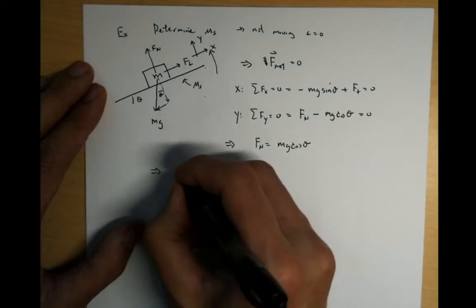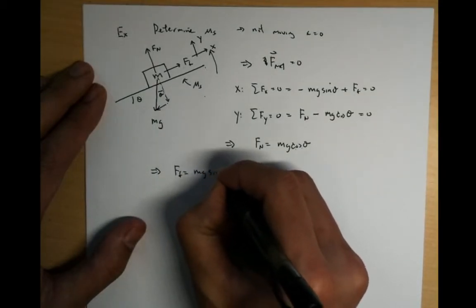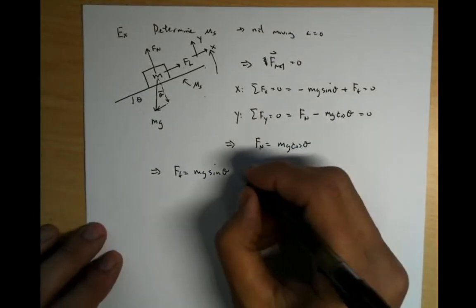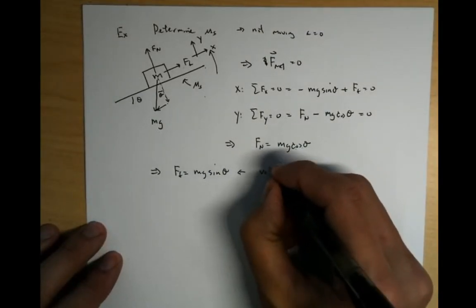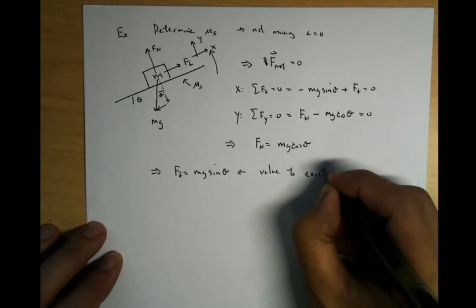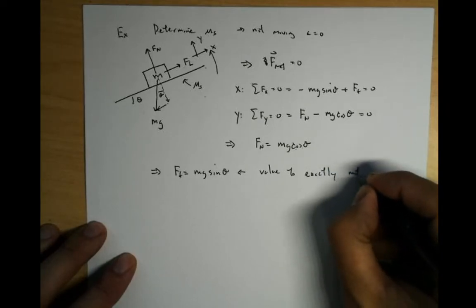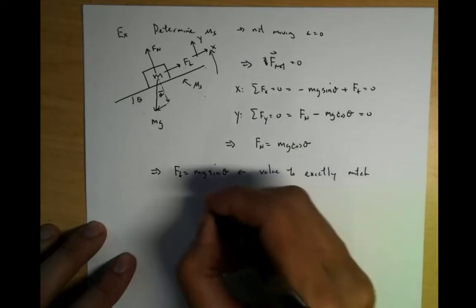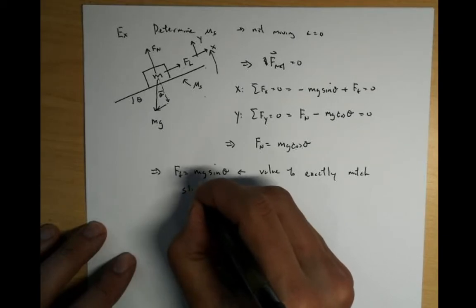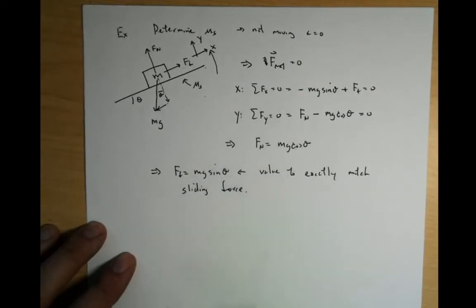So in that case, I get basically f of f is equal to mg sine theta, right? So basically, this is the value to exactly match the sliding force. Okay, that's great.